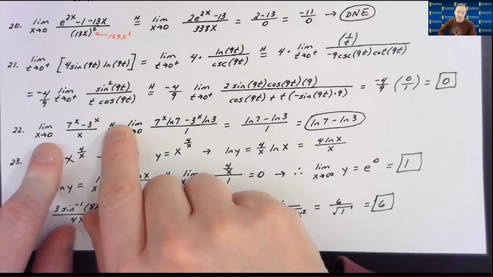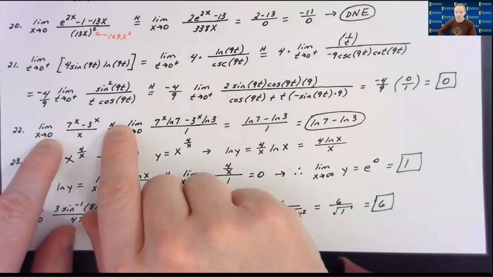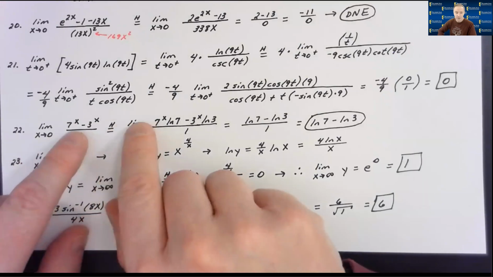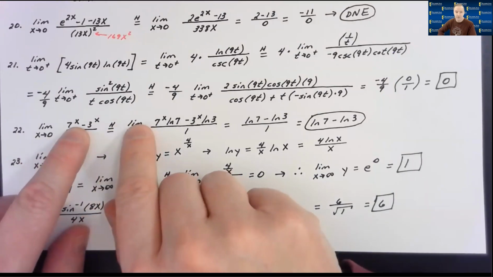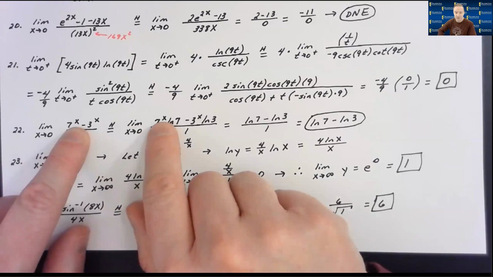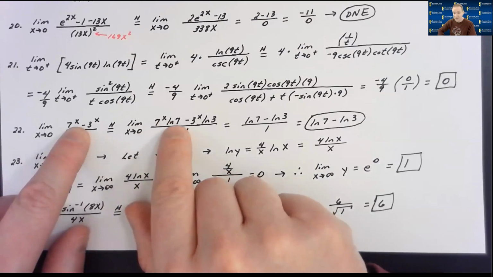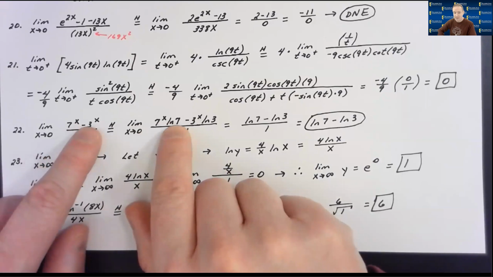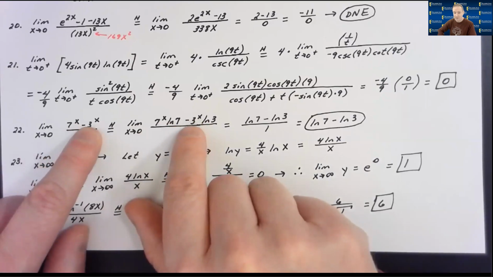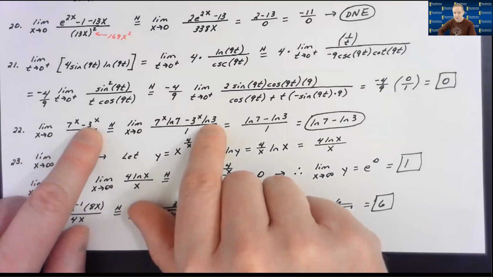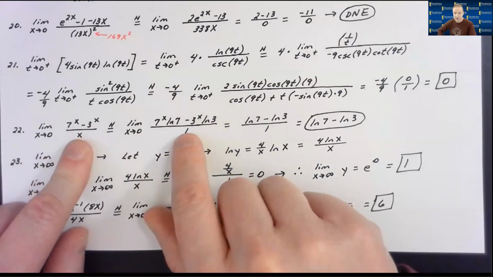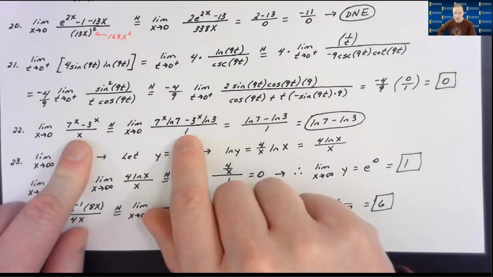You should be able to take the derivative of the numerator and denominator and then try to evaluate again. So I do that. The derivative of any exponential function is that exponential function times the derivative of its exponent, which is 1, times the natural log of its base. Same thing here. The derivative of 3 to the x is 3 to the x, natural log of 3. Clearly, the derivative of x is just 1, so our denominator is a 1.